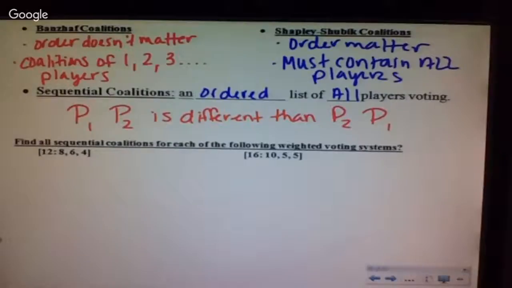So in Banzhaf, what would be my coalition? 4 and 2. It doesn't matter what place they're in. So in Banzhaf, I only had to write this once. In Shapley-Shubik, I have to write it twice, because I have to write 4 first, 2 second, and 2 first, 4 second, because the order matters here.